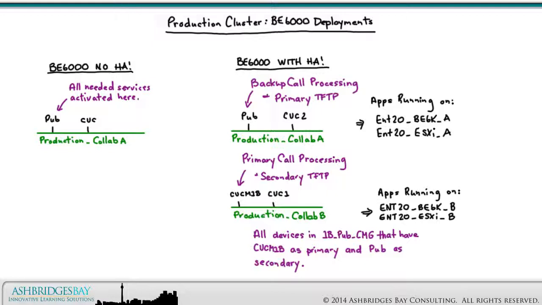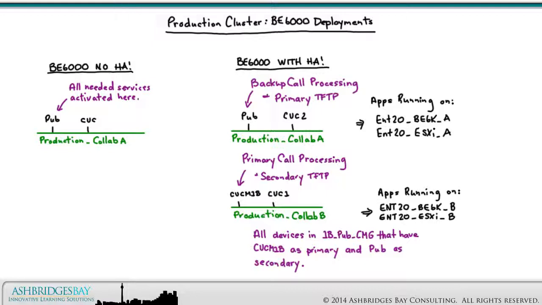Naming conventions help out a lot in the long run, but can be difficult to get right. We are using a convention where, as we grow, we'll deploy pairs of call processing servers: CUCM1A and CUCM1B, CUCM2A and CUCM2B, and so on. The A servers will be on the A VLANs and ESXi hosts, and the B servers will be on the B VLANs and ESXi hosts.